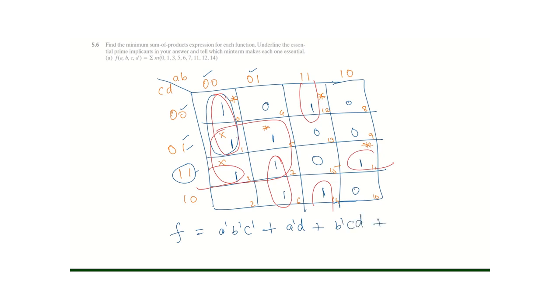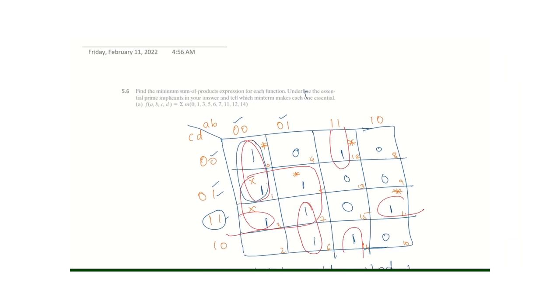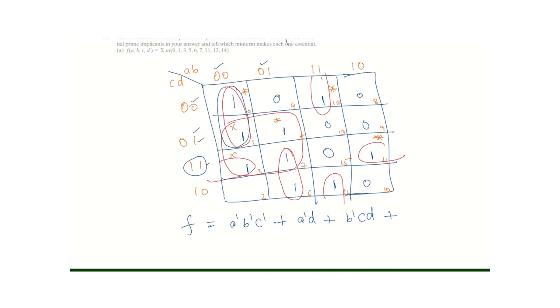Then similarly you can write A B D bar. This is the one I'm talking about. So it's A B D bar, and the last one is A bar B C. So this is how you solve the K-map.